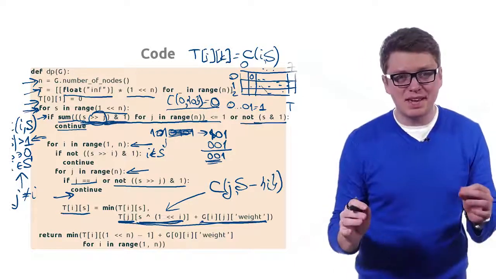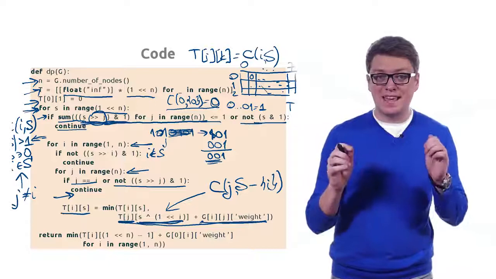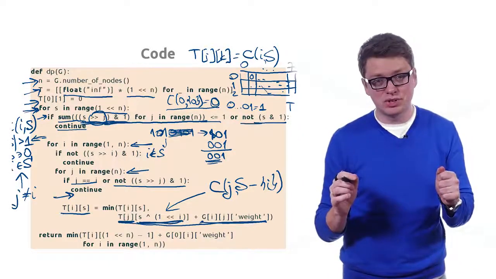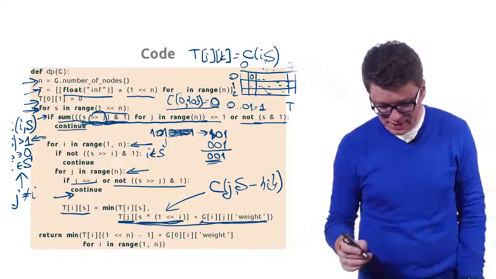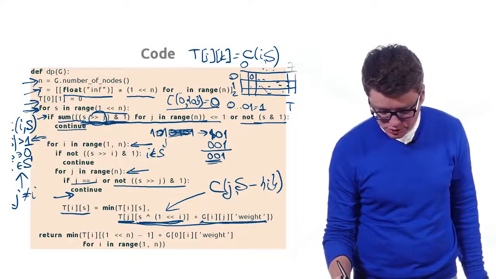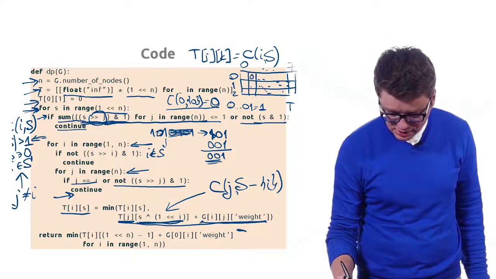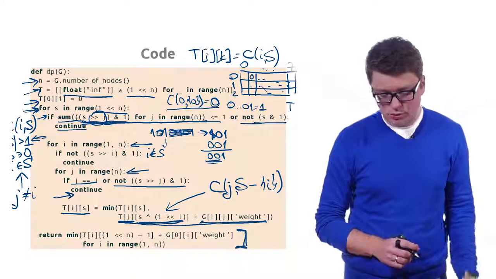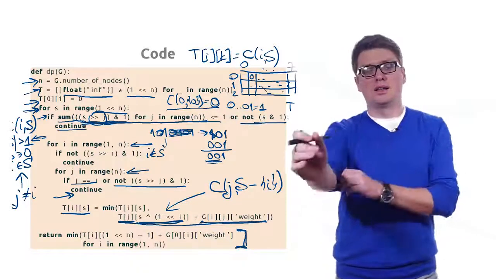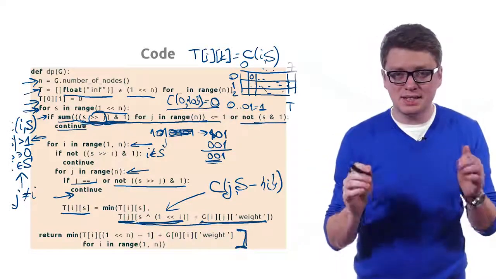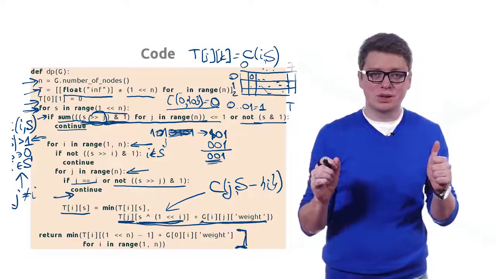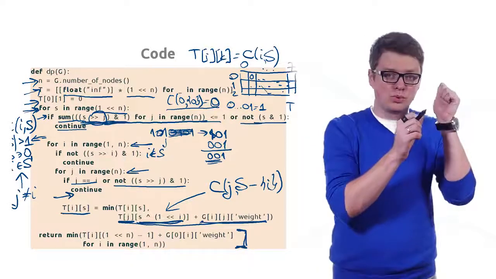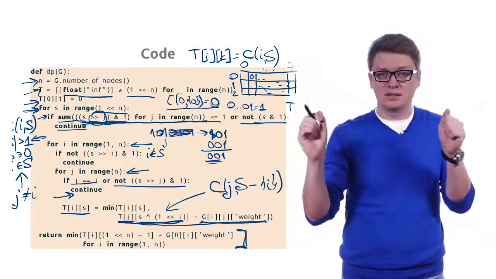And then what remains to be done is to return the actual result. And the result in this case can be computed as follows. So this is just the last line of our code. So recall that our function C of i, S, it always computes the length of some path, starting at 0, ending at i, and visiting all the nodes.